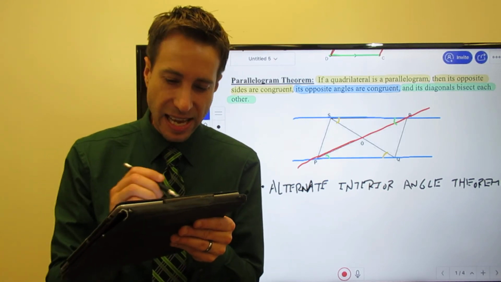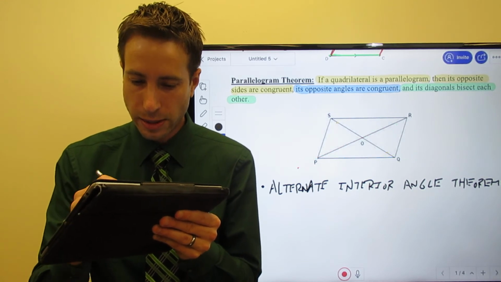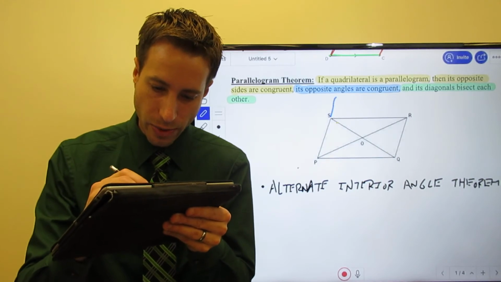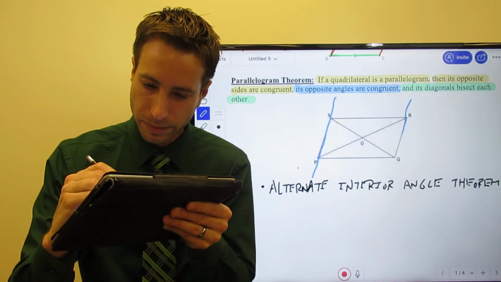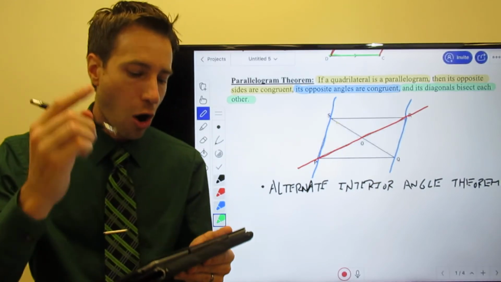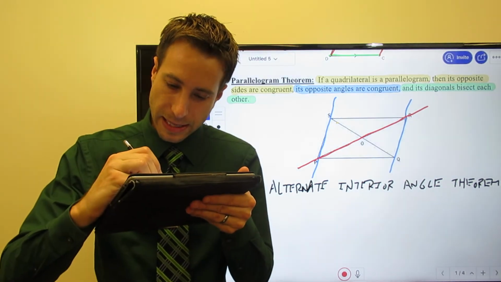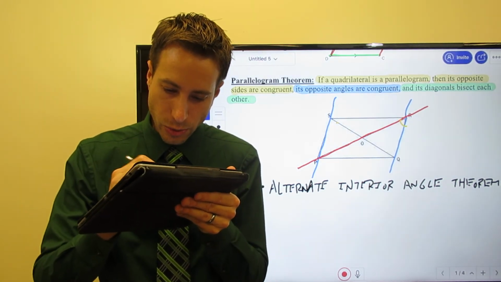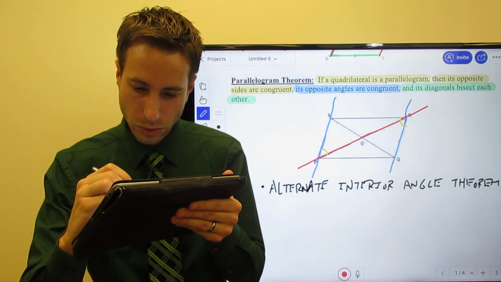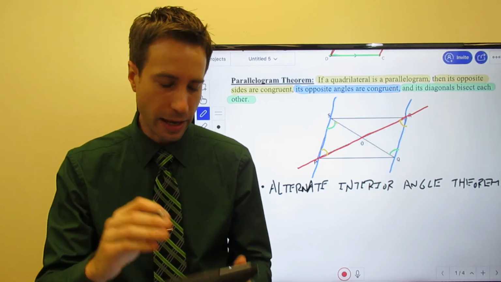Vice versa, instead of doing those ones, I could do these two lines, which I know are parallel to each other. Opposite sides are parallel, cut by a transversal, so alternate interior angles will be congruent. That means that this angle is congruent to this angle, and this angle right here is congruent to this angle right here.